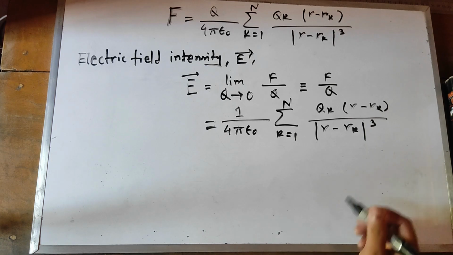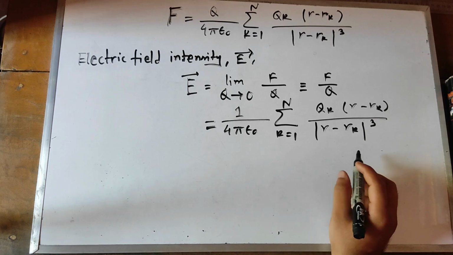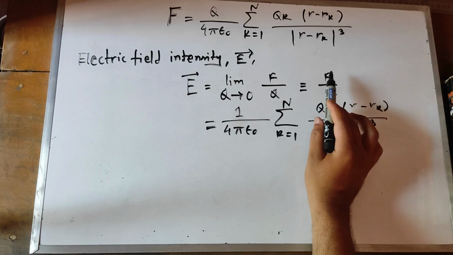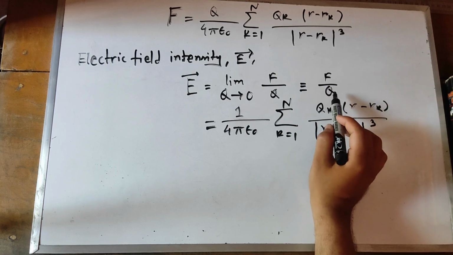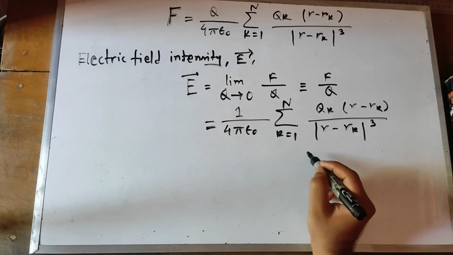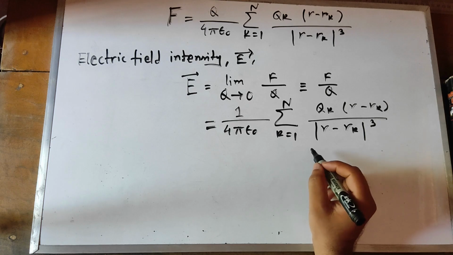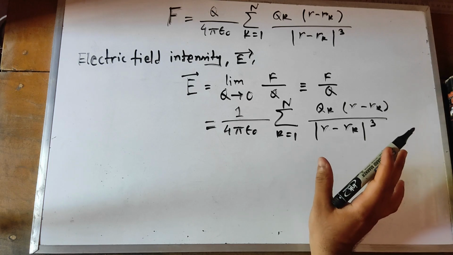This is the formula for finding electric field intensity. It is very straightforward. It is just the force per charge itself. The formula is in vector form. So now I'm going to take some problems and solve them, and that will be it for this video.